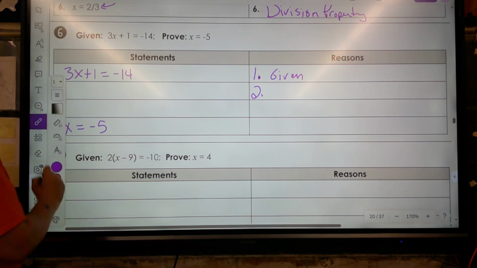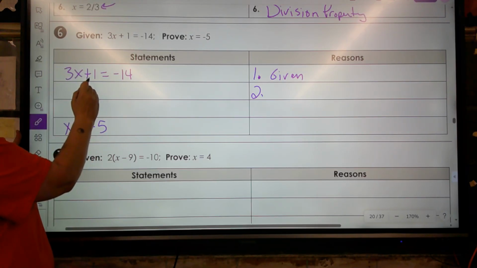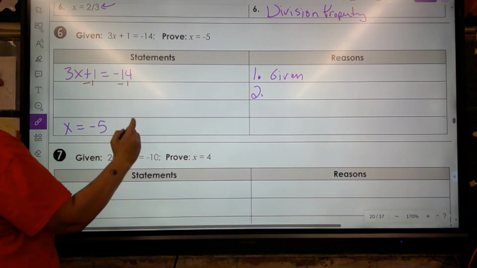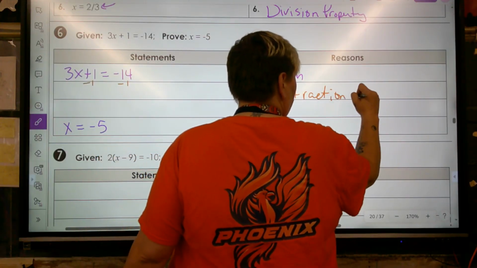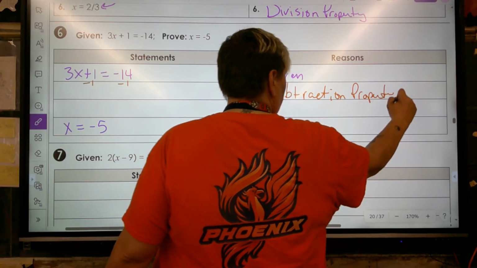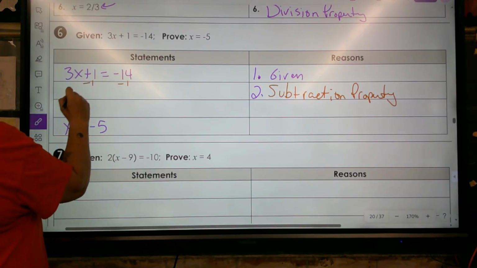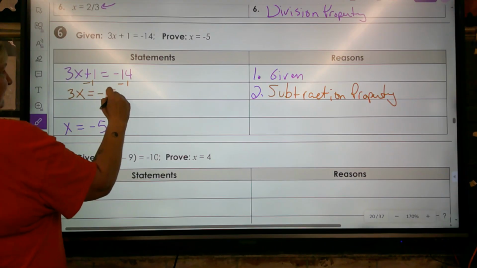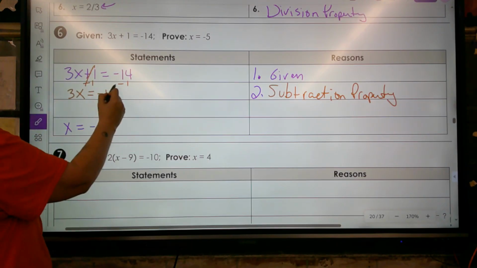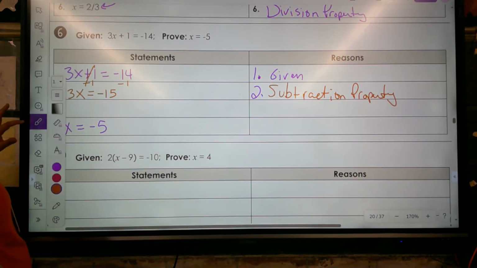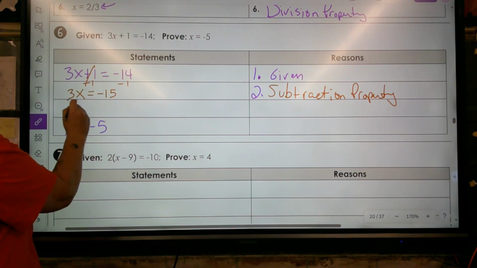I got you. All right, so to get from here to here, we first need to get rid of the constant. So we're going to subtract 1 from both sides. So the first thing we do is subtraction property. Which gives us 3x equals negative 15. Right? Because these cancel. Negative 14 minus 1 is negative 15. And then the next thing we have to do is get rid of the coefficient.